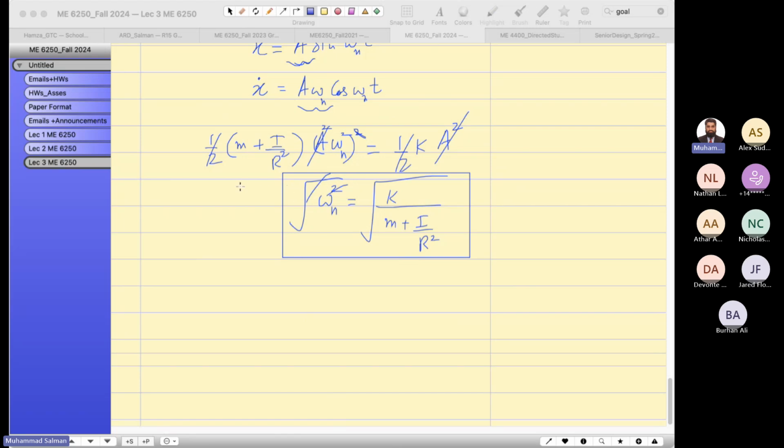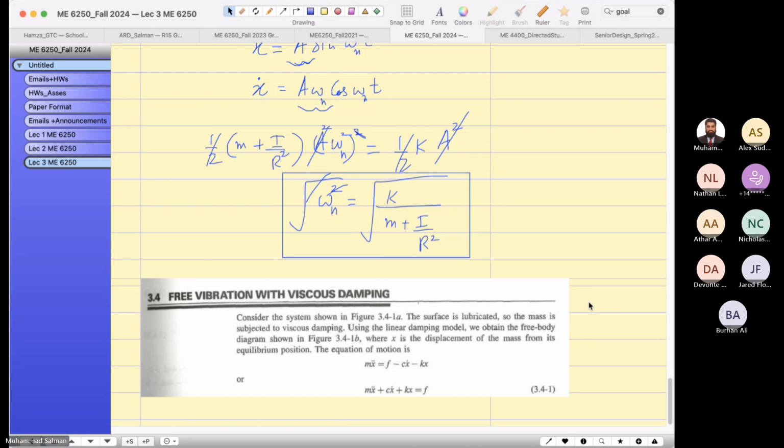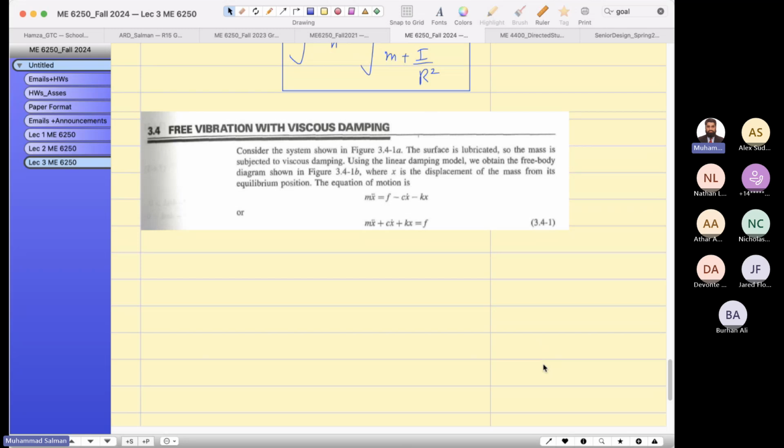Free vibration with viscous damping. The next section is free vibration with viscous damping. So let me copy paste the figure here.